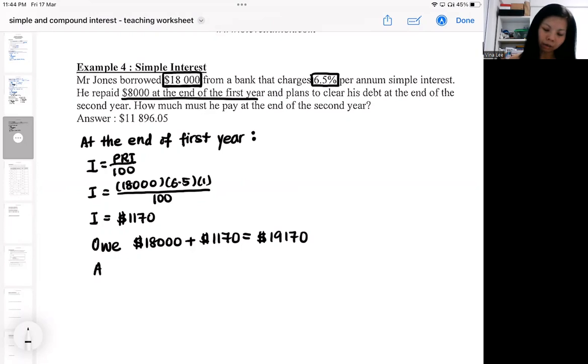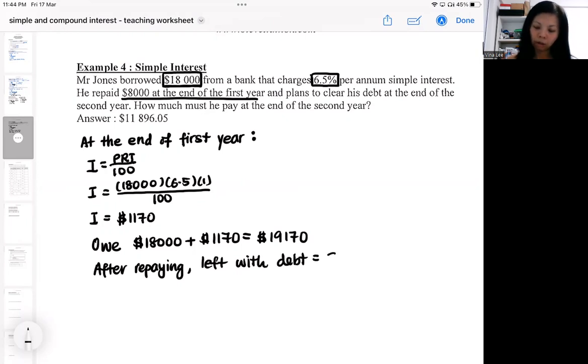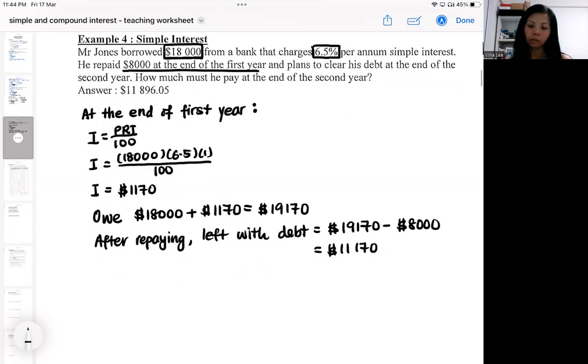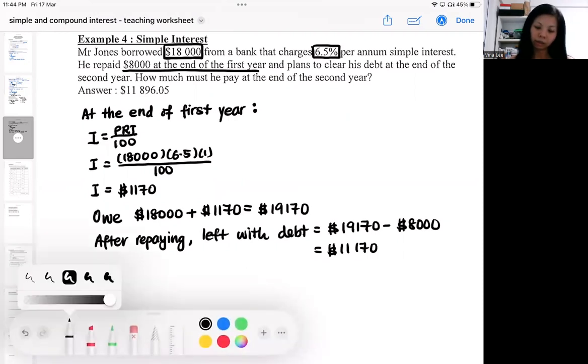So after repaying, he still owes the bank. He will be left with this amount of debt. The debt that he is left with will be this, subtracting the 8,000, because he chose to repay. So he's left with this amount of debt. Then he wants to clear his debt at the end of the second year.